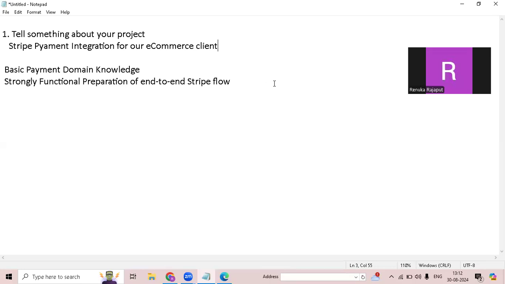Here I work as a part of core payment processor and Stripe provider service, and I got a chance to be involved both in design discussions and developing a critical part of the system. My project is a Stripe payment integration, and here I developed the core payment system for our e-commerce client and did API integration with Stripe, utilizing Spring Boot for rapid development with microservices architecture, hosted on AWS.